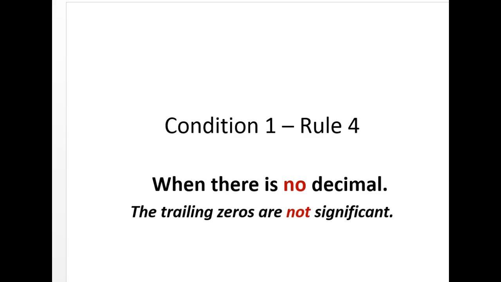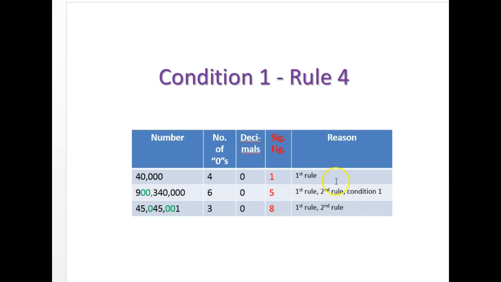Here's an example. We have 4,000, which has 3 zeros, but there's no decimal point, and therefore you only have one significant figure.